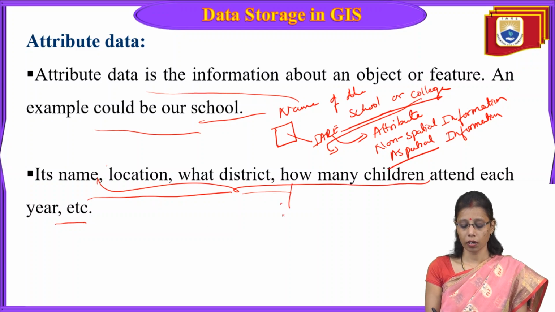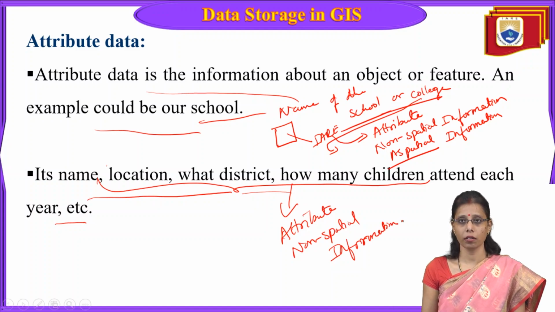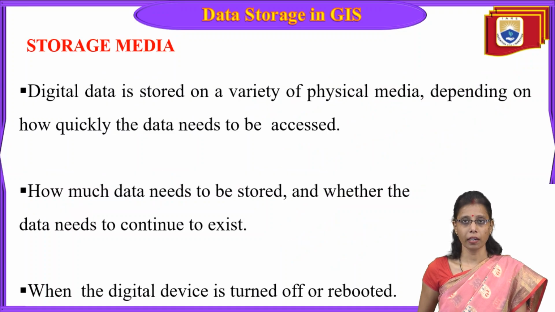Okay, so these are all attribute or non-spatial information. This is how we are able to get the retrieval of the data. Once we feed the information in the GIS software as spatial and attribute, the information will be easily retrieved by this type of information.